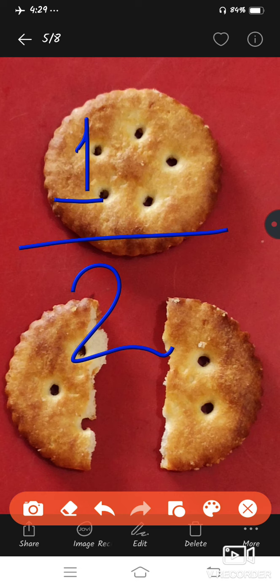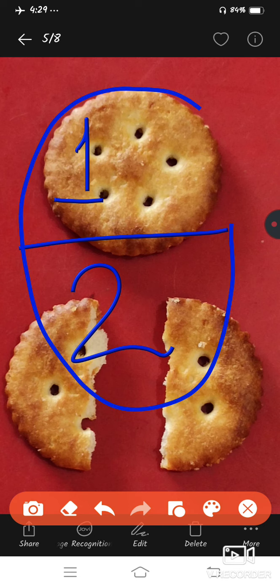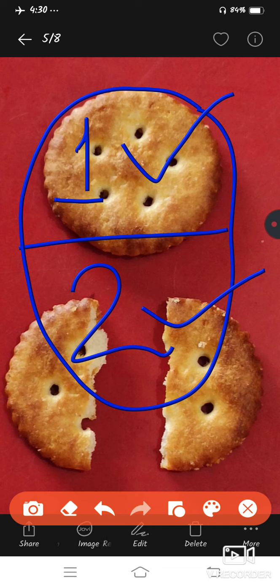This is read as 1/2. Here 1 is on the top, called the numerator, and the number below is called the denominator, and the line in between is called the fraction bar. So this is read as 1/2. Clear?